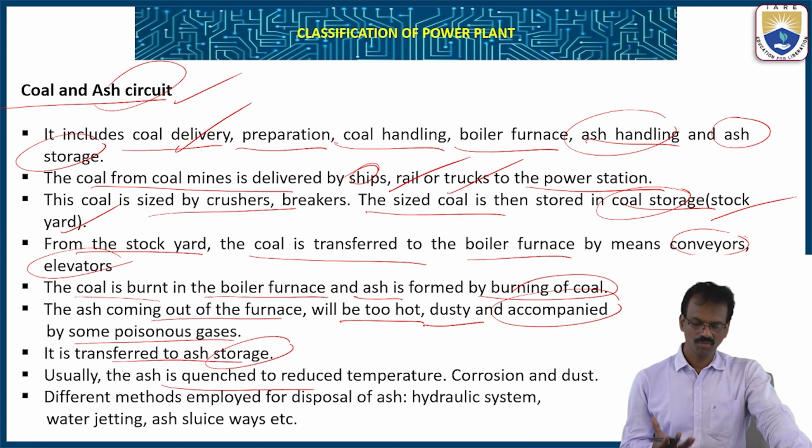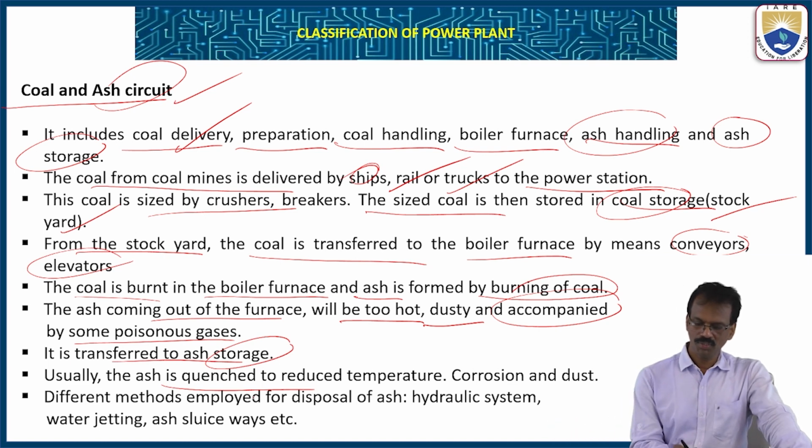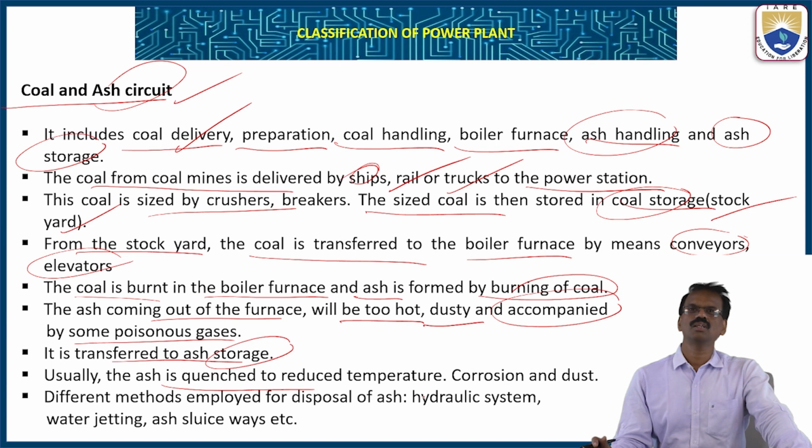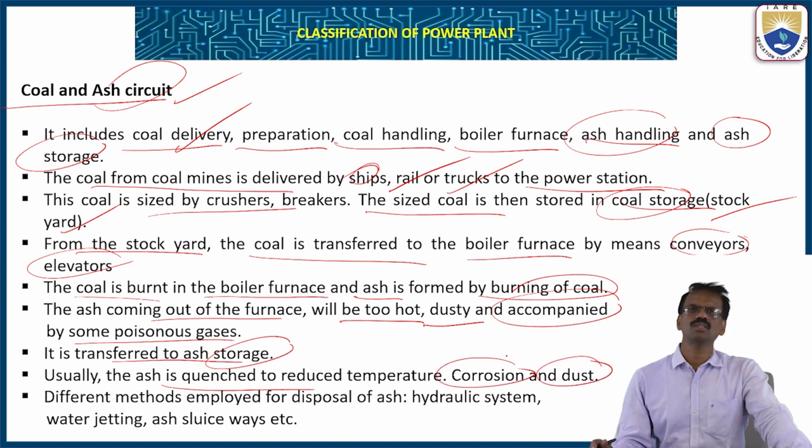Automatically, it means the quenching. So just dropping the ash suddenly into the high flowing stream, because of this quenching, we can reduce the heat of the ash, and we can overcome corrosion and dust also.